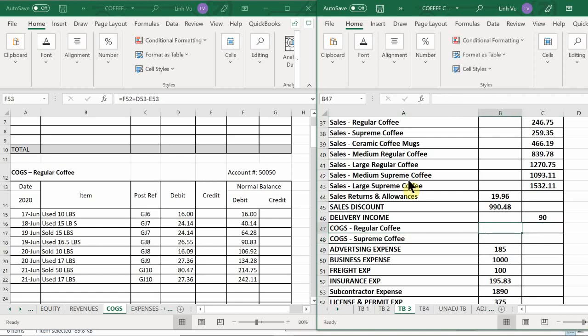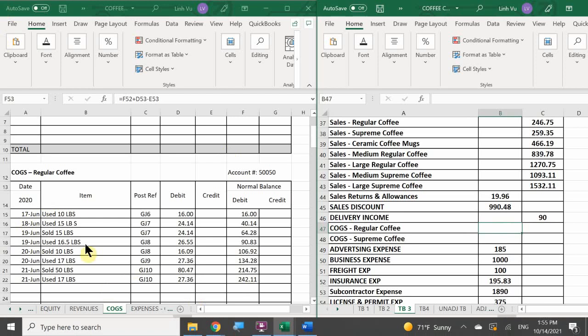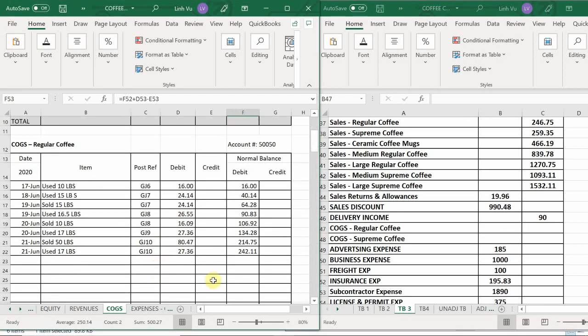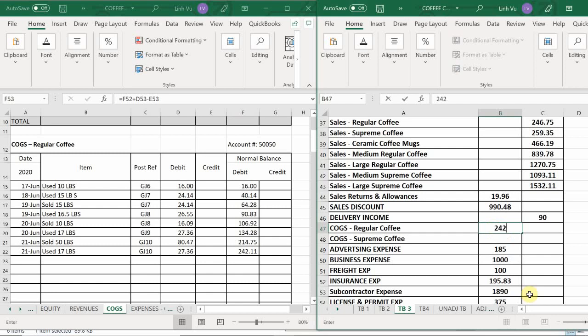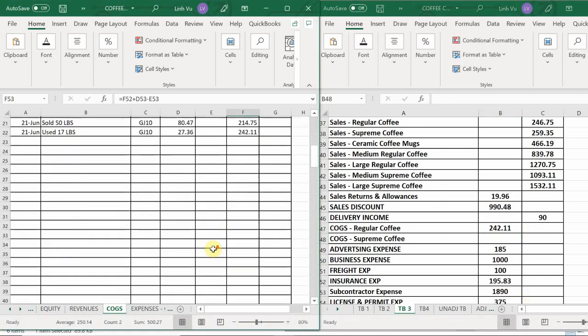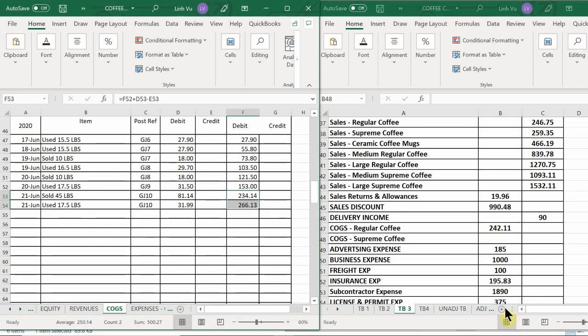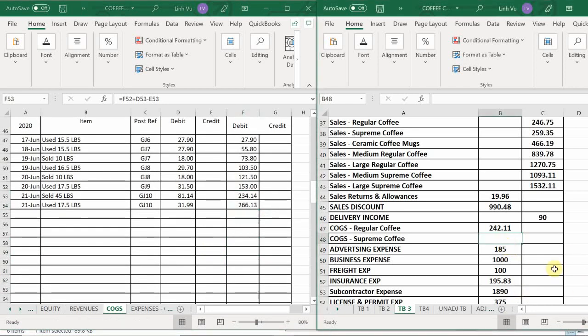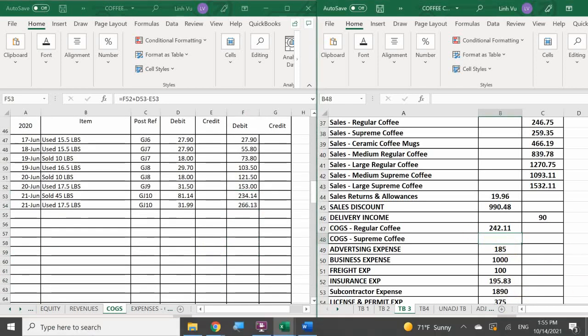Okay, so cost of goods sold for regular coffee is how much? Okay. And then Supreme Coffee. We have a 266.13. Okay.